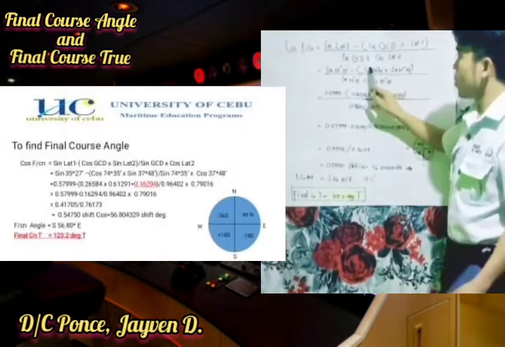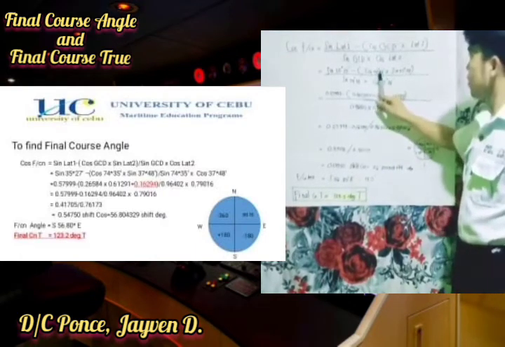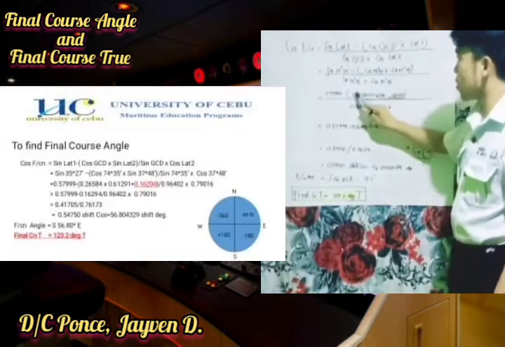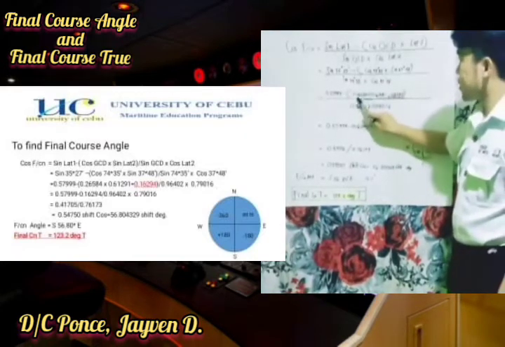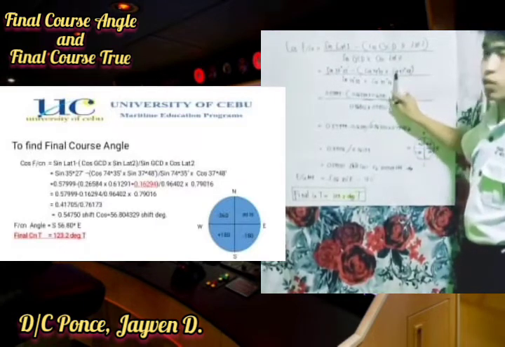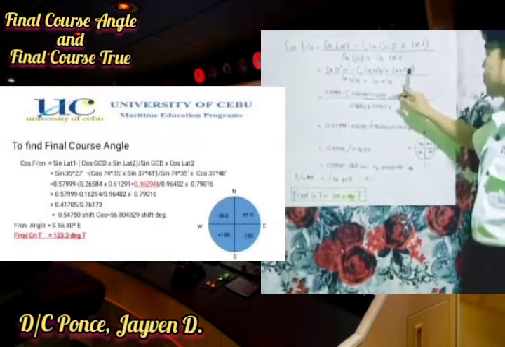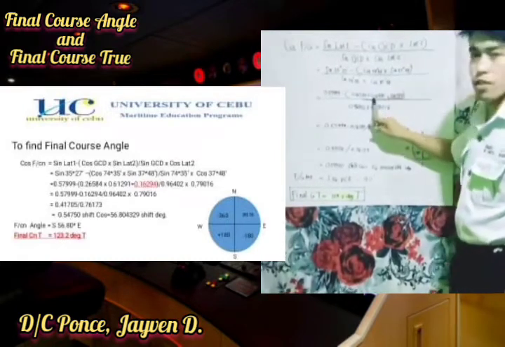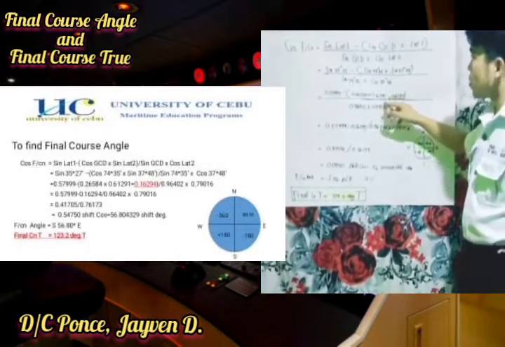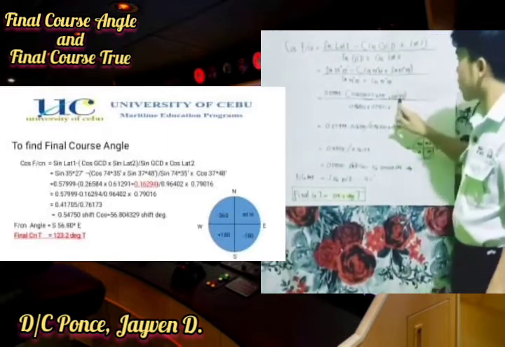Cosine 74 degrees 35 minutes gives 0.26584. Next, sine 37 degrees 48 minutes gives 0.61291. We are going to multiply these to get the answer.